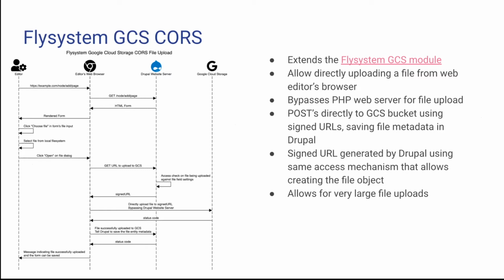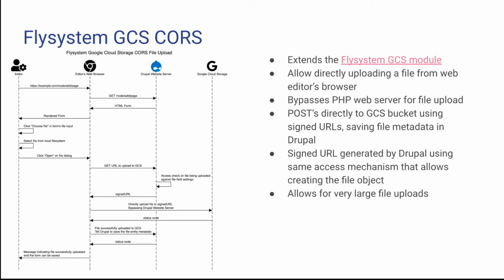I authored a module called Flysystem GCS Cors, an extension of Flysystem for GCS, which allows you to upload right from your Drupal website to Google Cloud Storage, right through your web browser instead of having to go through a PHP server. That allows much larger files to get uploaded directly to your website.